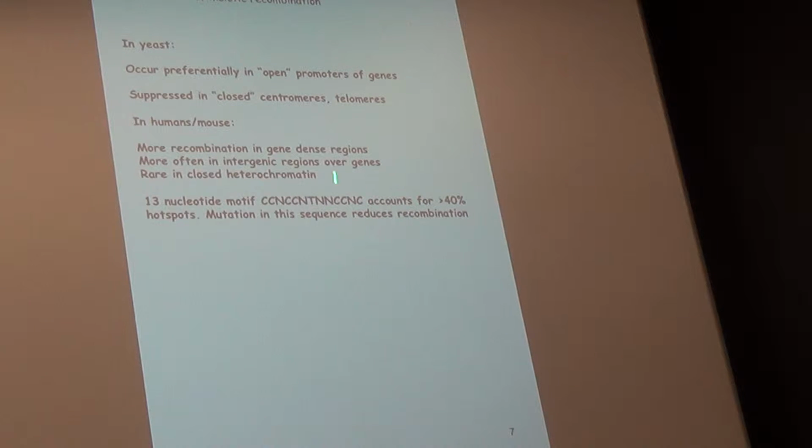And the reason is that intergenic regions are where the promoters of the genes are. So in a sense, it's very similar to what we observe in yeast, that recombination tends to occur more often at promoters of genes. And it rarely occurs in regions that are very highly condensed. And in humans, there's actually a sequence that accounts for almost 40% of the hotspots of recombination. It's the GC-rich sequence.